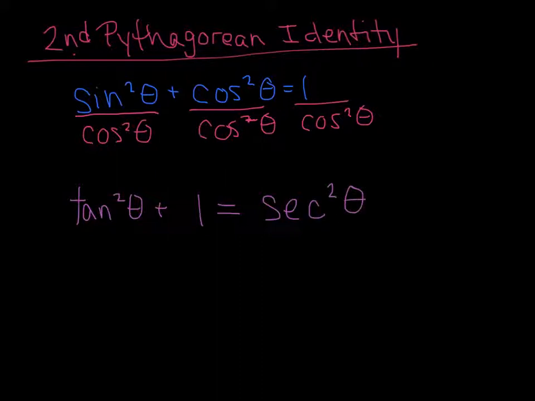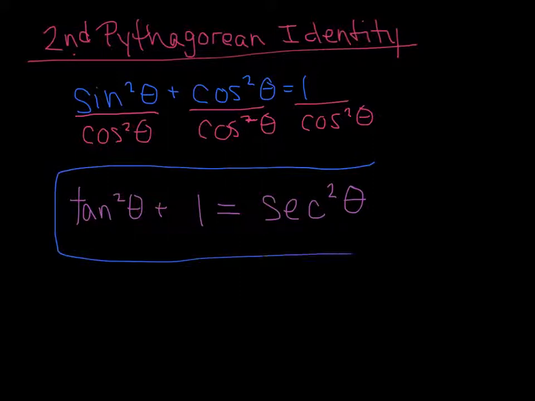The only time 1 over cosine turns into a square is if the cosine originally is squared. So that's why I have secant squared instead of just secant. So this is the second Pythagorean identity, something that they don't give you, again, on the reference table.